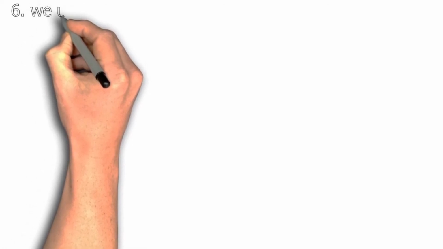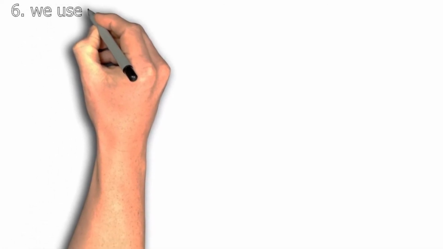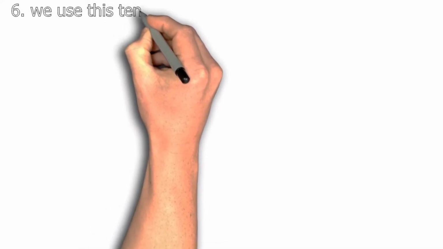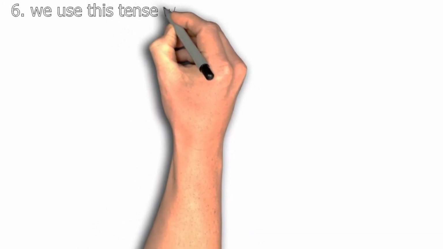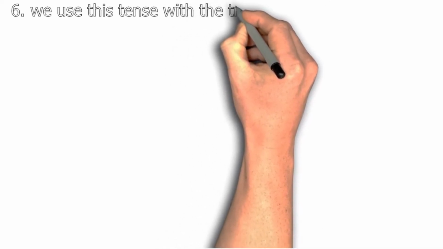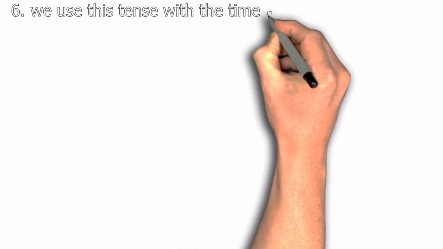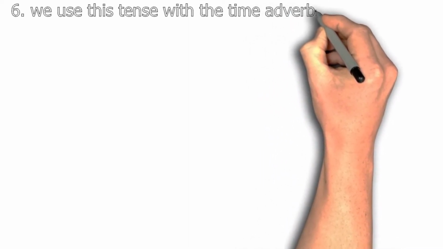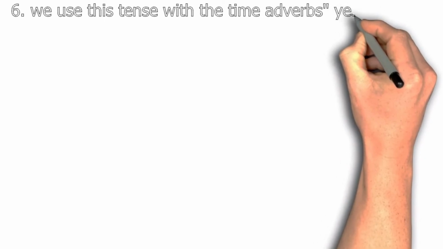Okay, students, now we are going to introduce the sixth rule. We use this tense with time adverbs, meaning time indicating words or phrases.